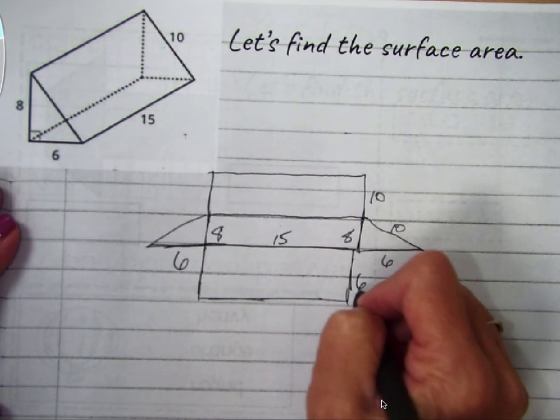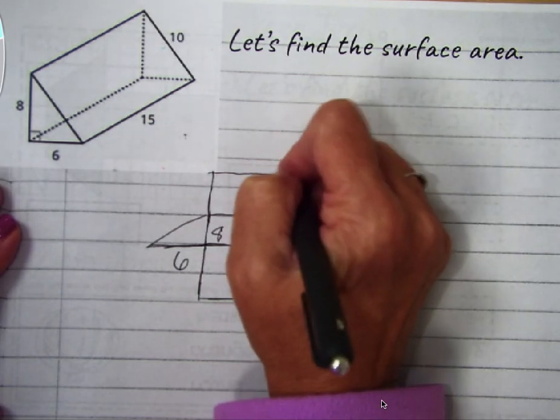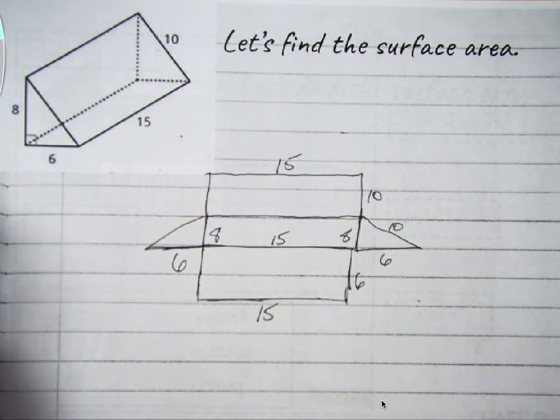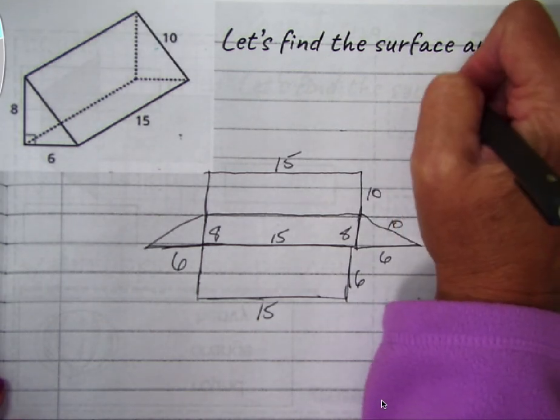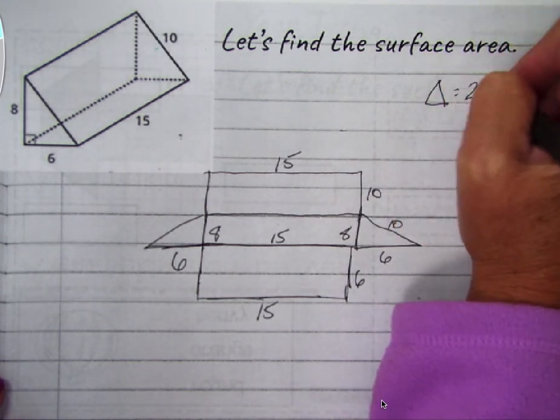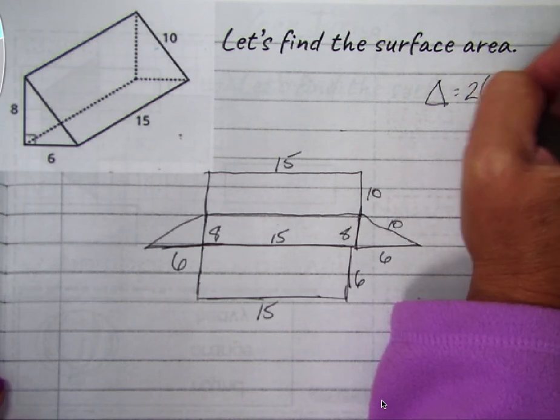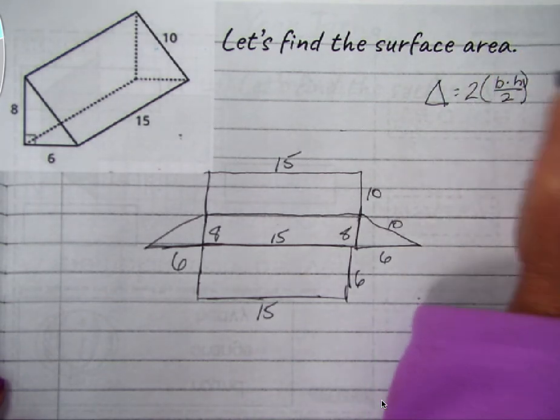Okay? 6, 15, 15. So again, I still have those two triangles. So those two triangles, and I'm just going to draw them, 2 times base times height divided by 2.